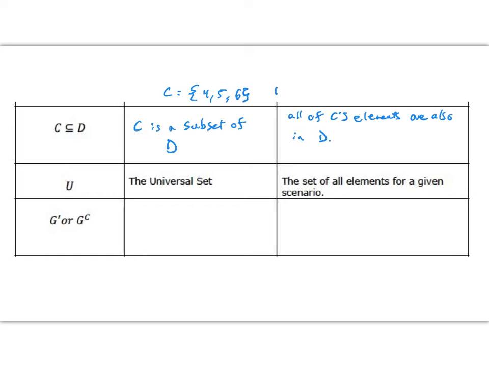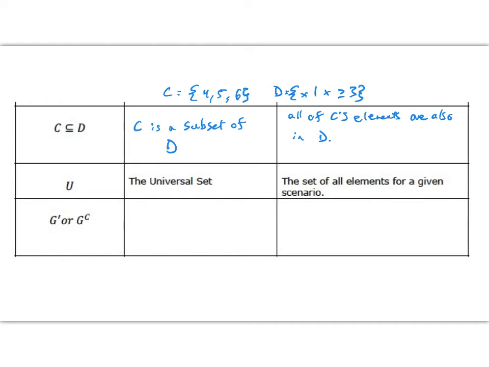And then let's think about the set D, which I'm going to define as the set of all x such that x is greater than or equal to 3. Well, 4, 5, and 6 are all greater than 3, so C is definitely a subset there.